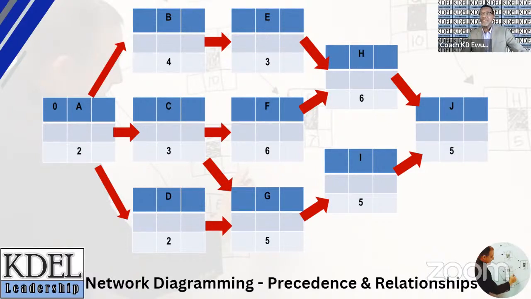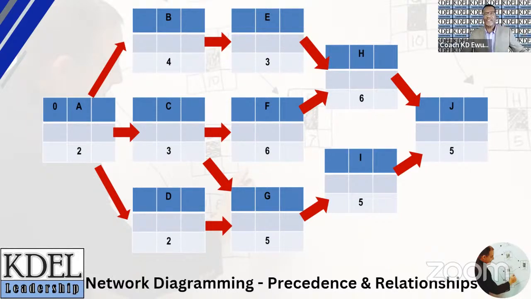Activity E can only be started when activity B is done. Activity F can only be started when activity C is done. Activity G can only be started when activities C and D are done, and on until you arrive at the last activity J, which can only be started when activities H and I are completed.